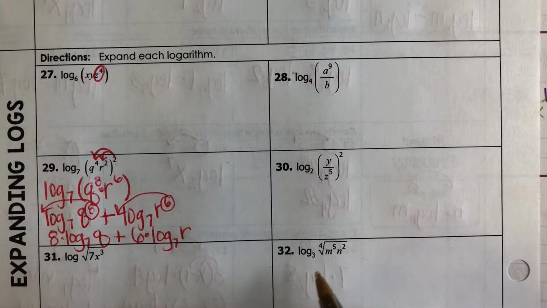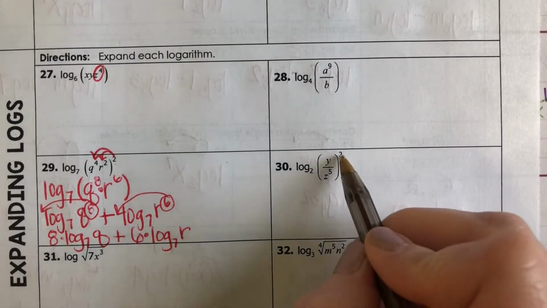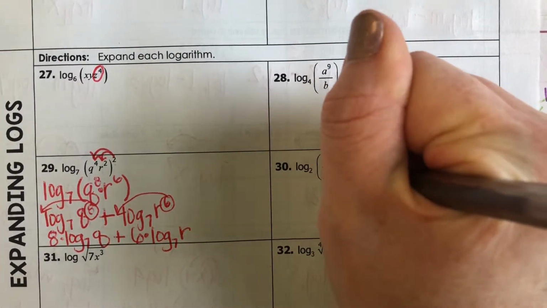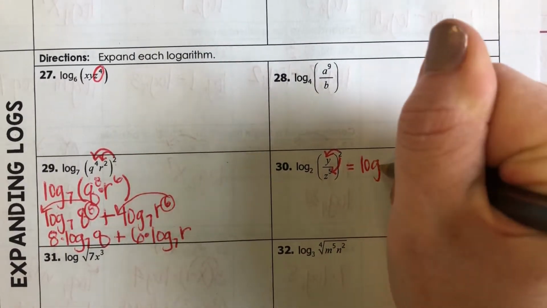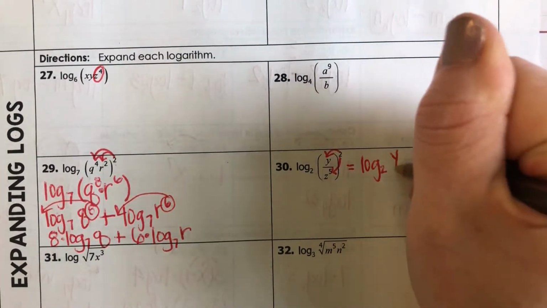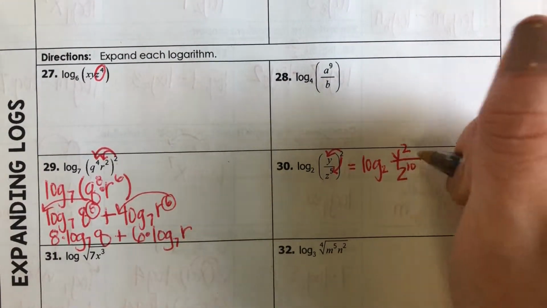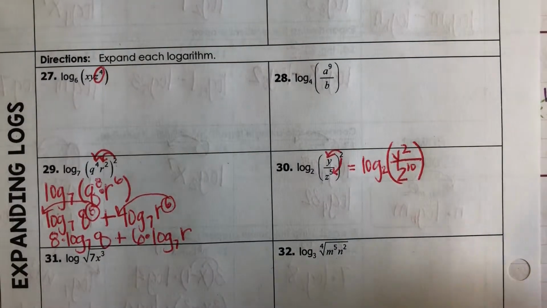Let's look at number 30. Okay? Again, this 2 belongs to both the y and the z. So I'm going to start out by rewriting this as log base 2 of y squared over z to the 10th. I multiply those powers.